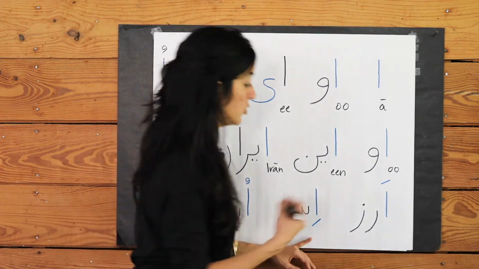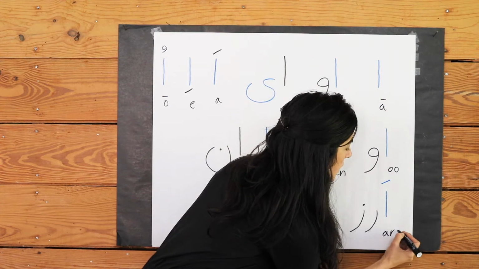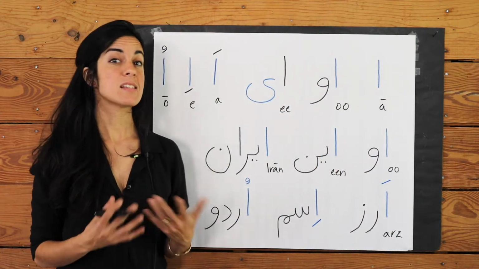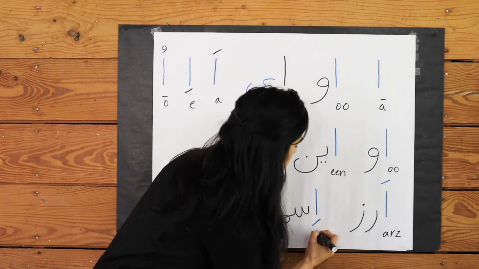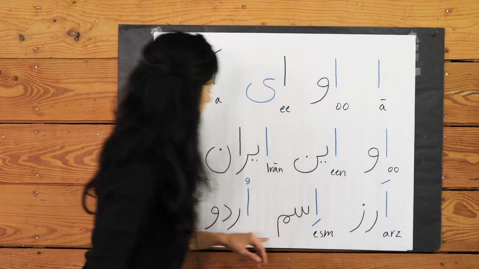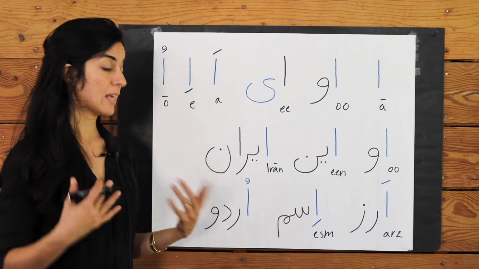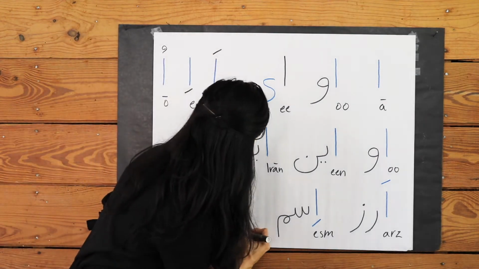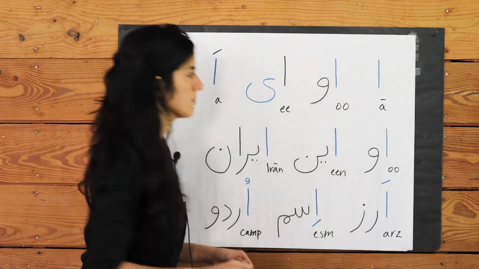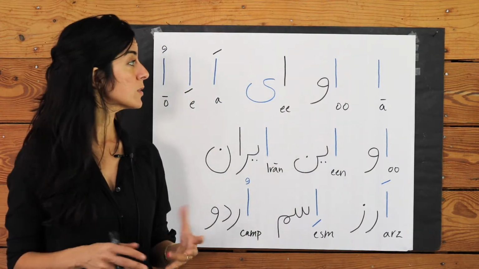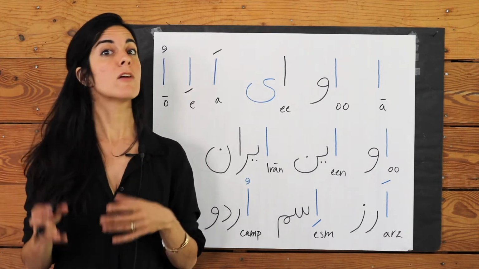Arz, meaning change, pocket change, money. Ism, meaning name. And ordu, meaning camp. So this is the letter A when it takes on letter responsibilities and not just a vowel.